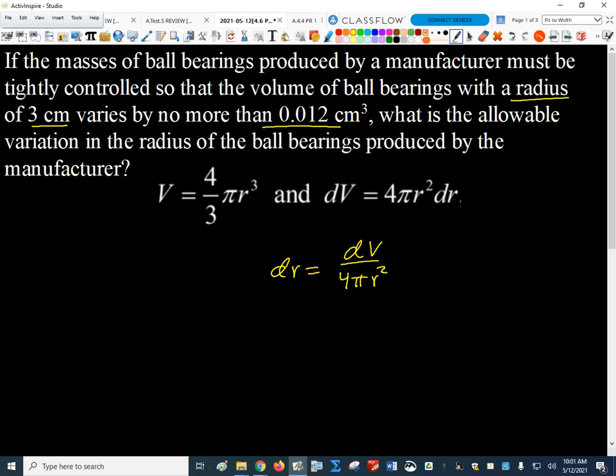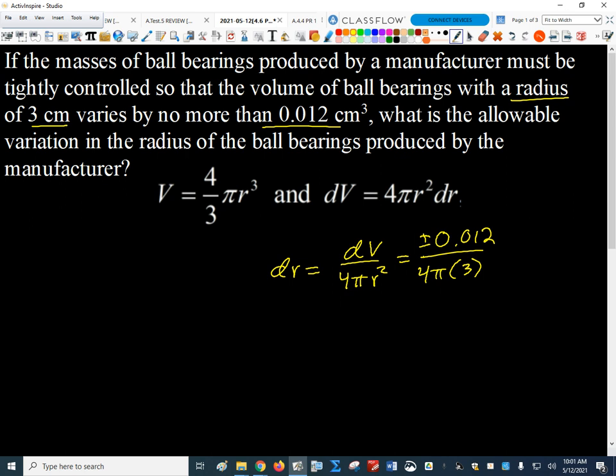Try to be as precise as possible. What am I going to be plugging in for numbers? What am I plugging in on the top? Okay, yeah, can anybody improve that very slightly? Plus or minus, yeah, because the volume could be more or less by that much.